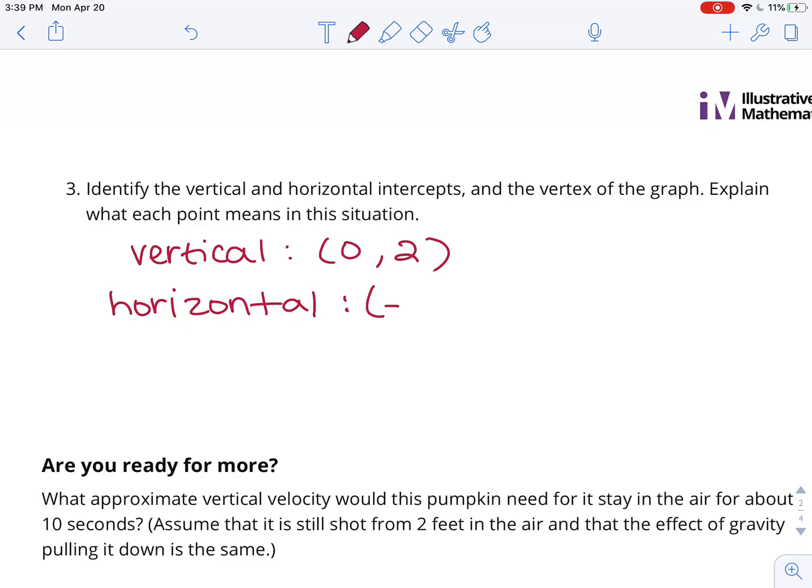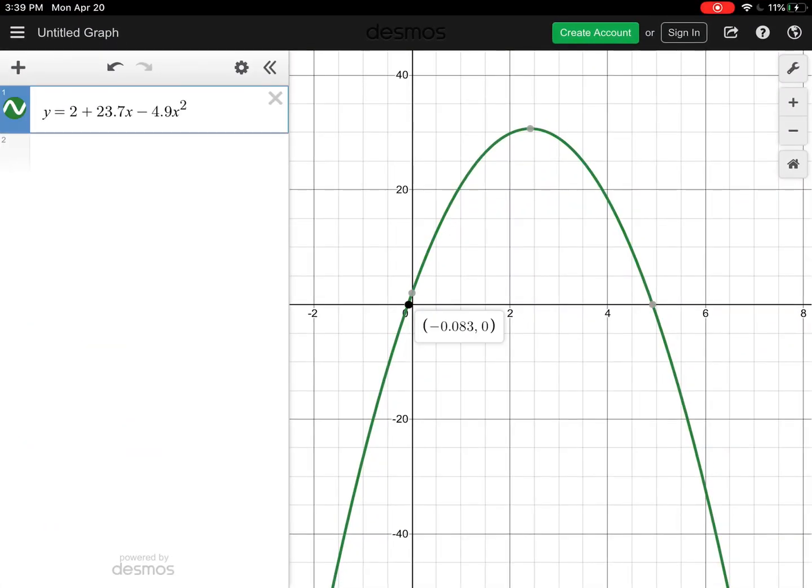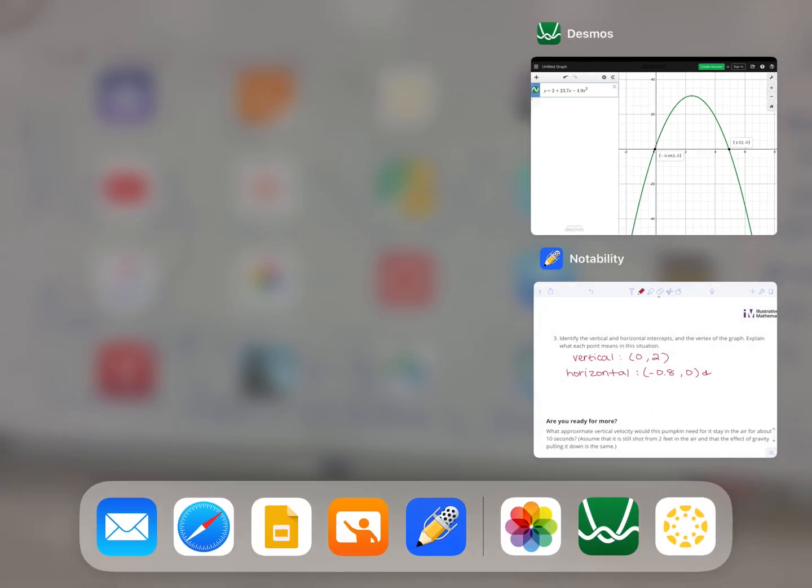I think it was around negative 0.8. Oops. And let's just go back. Yeah, about negative 0.08 and about 4.92.